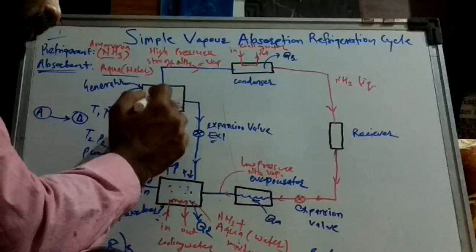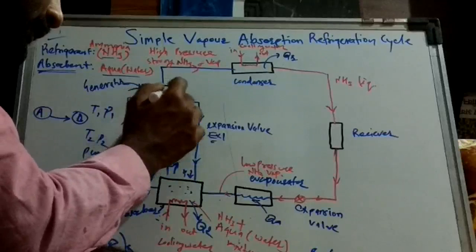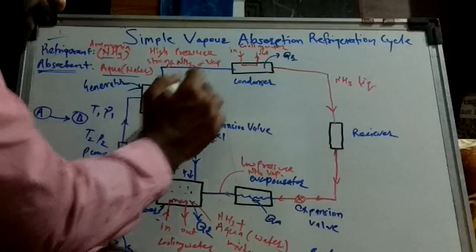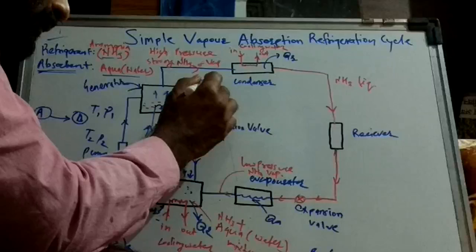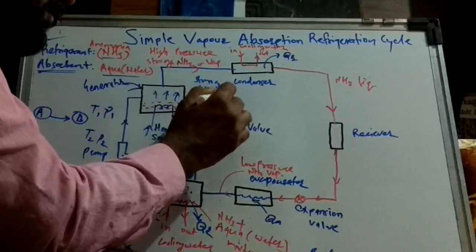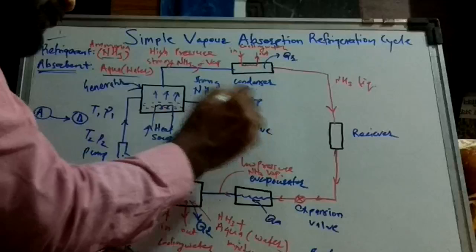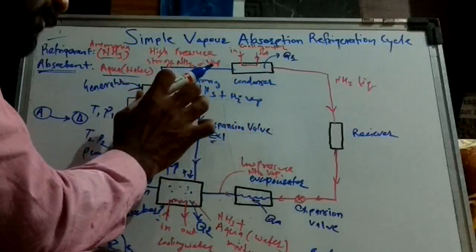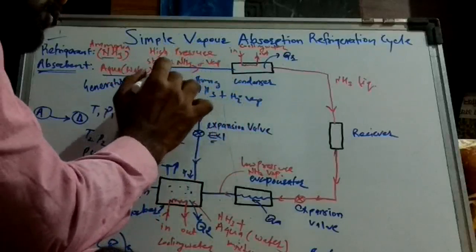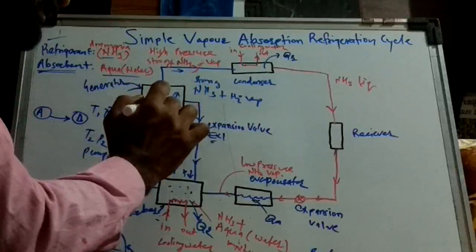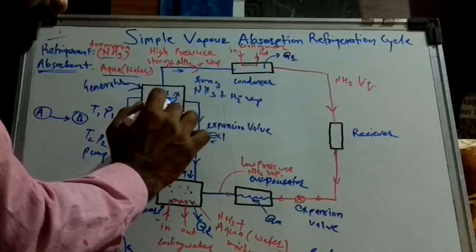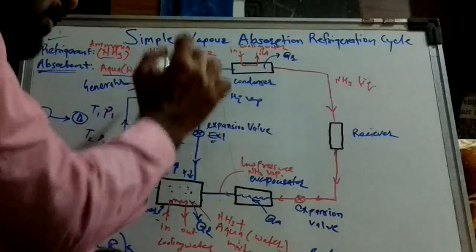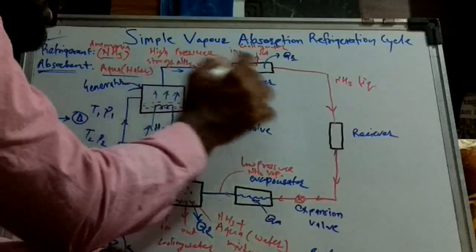Because of heating, vapor will be developed: strong NH3 vapor plus some quantity of H2O vapor. The strong ammonia vapor will go towards the condenser.